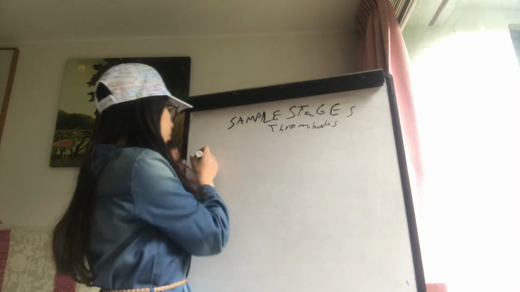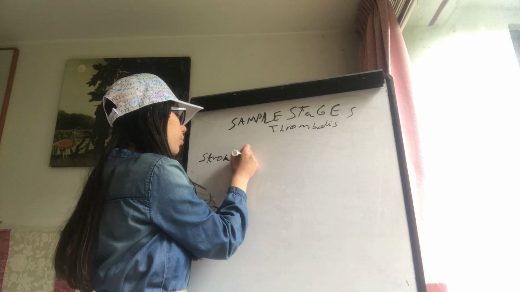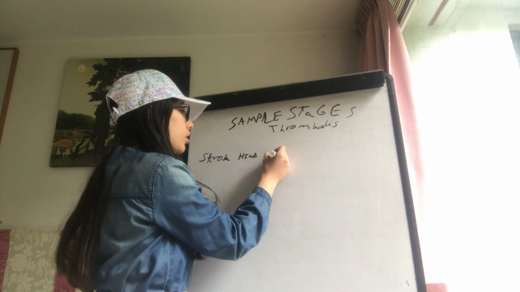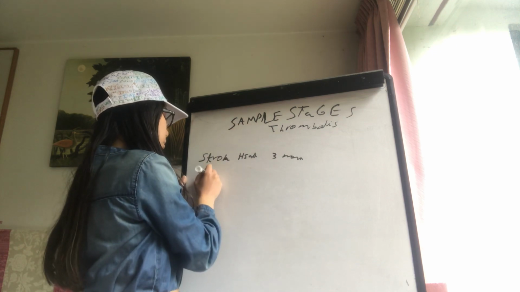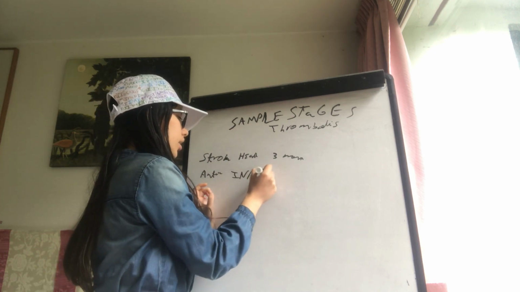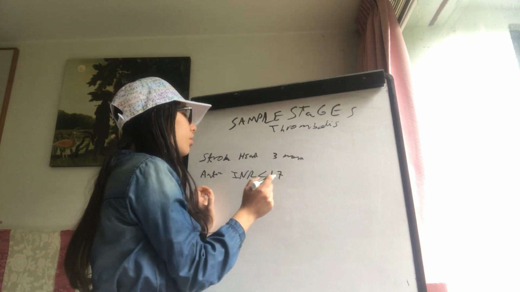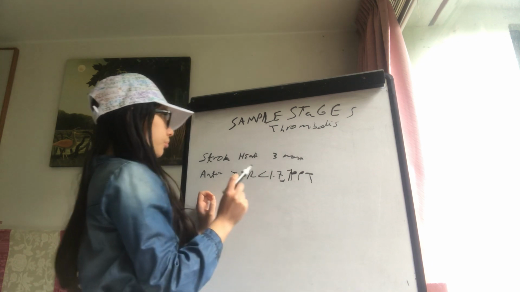So the S could be a previous stroke or head trauma in the first 3 months. A, anticoagulation, if the INR is greater than 1.7, or if we have the PTT prolonged.